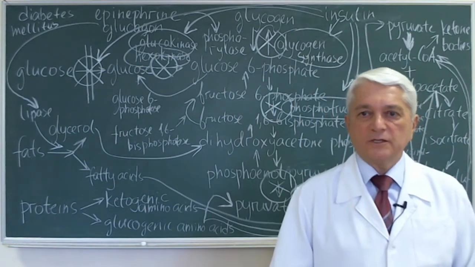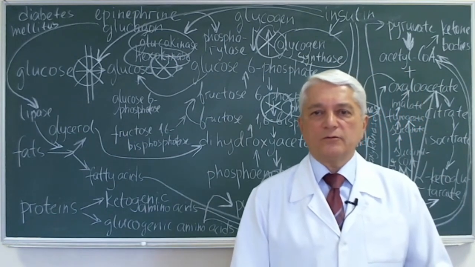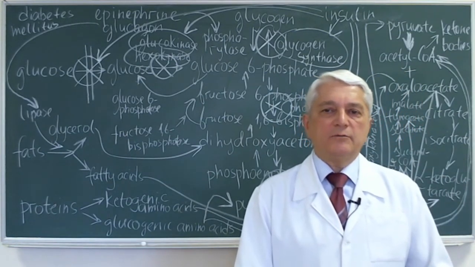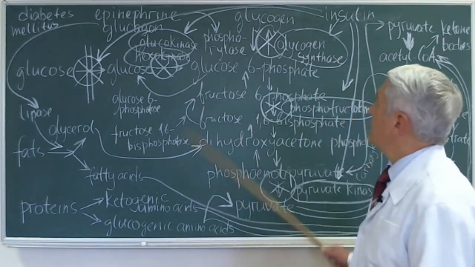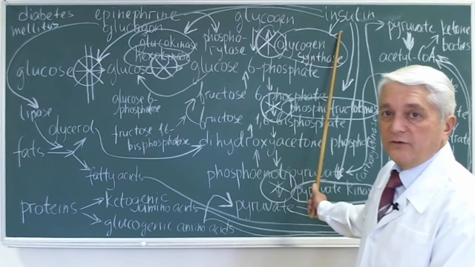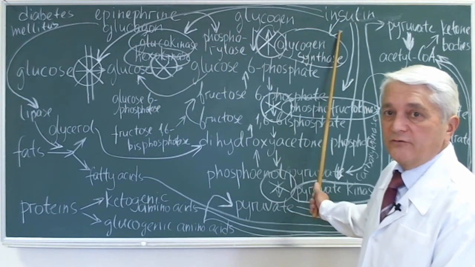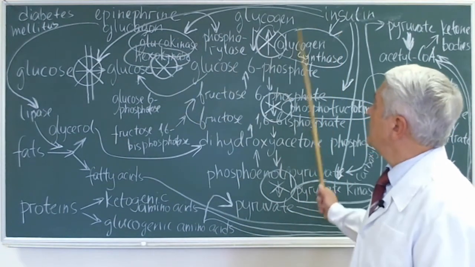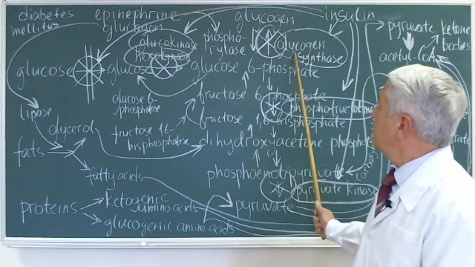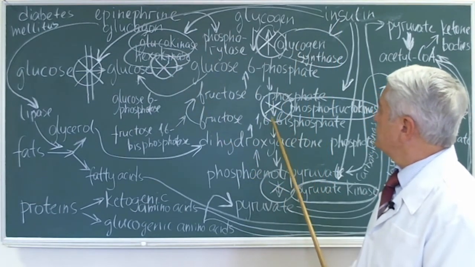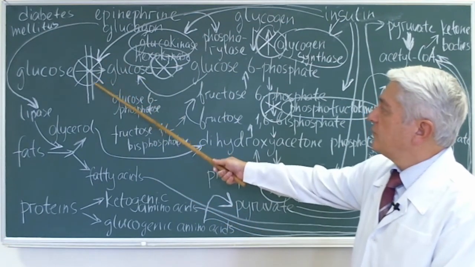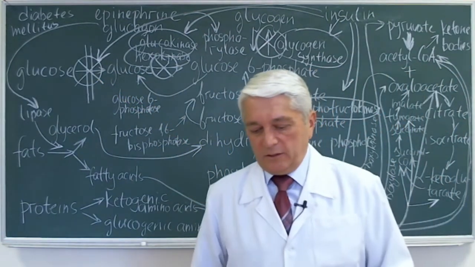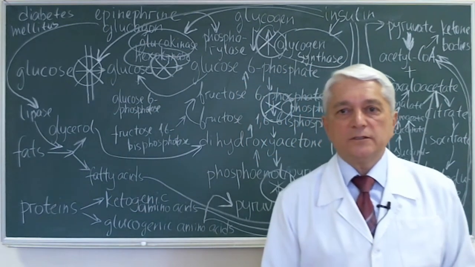You understand this? So the main method of treating diabetes is injections of insulin, because after the appearance of insulin, immediately these enzymes appear, and penetration of the membrane for glucose also appears.